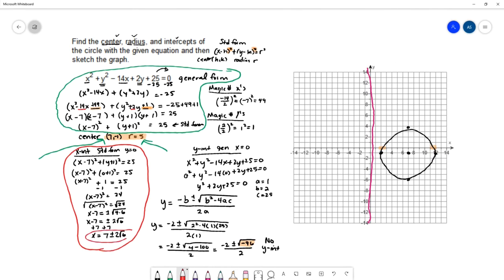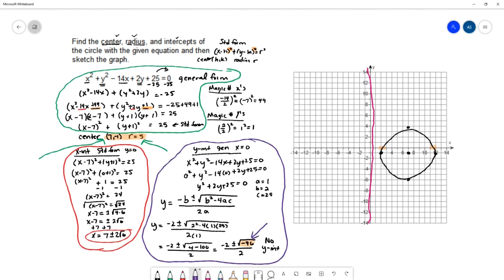We had two of them: 7 plus 2 square root of 6 and 7 minus 2 square root of 6. For the other technique, I used general form, and we had to use the quadratic formula. Because we had complex intercepts, with a negative underneath the radical, that meant we had no y-intercept for this particular circle.